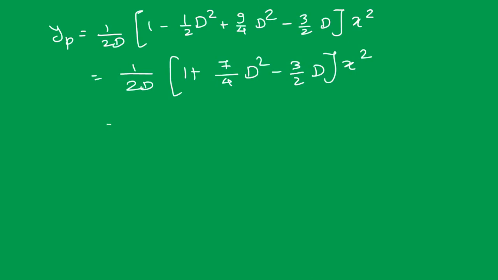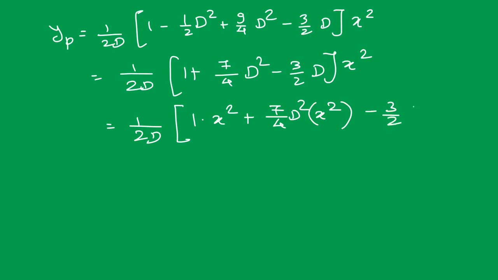All right, so this is 1 upon 2d. Now let's operate this. 1 operates on x square, plus 7 by 4 d square operates on x square, minus 3 by 2 d operates on x square.